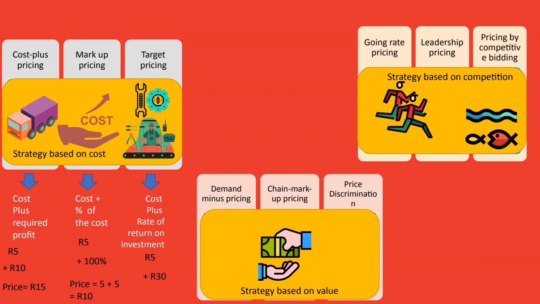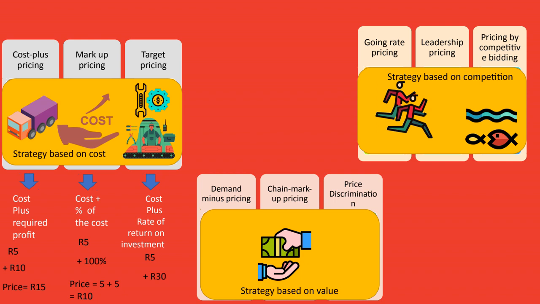What this means is that there are different prices for different consumers. So to give you an example, pensioners pay different prices. I know Pick n Pay has a pensioners day. Certain students, that's another type of price discrimination. It's taking different types of customers and applying different prices.